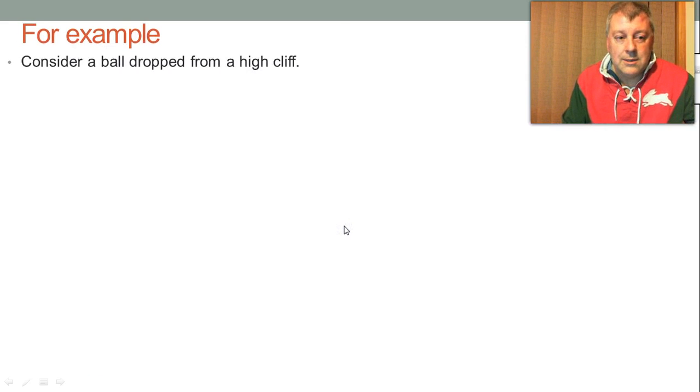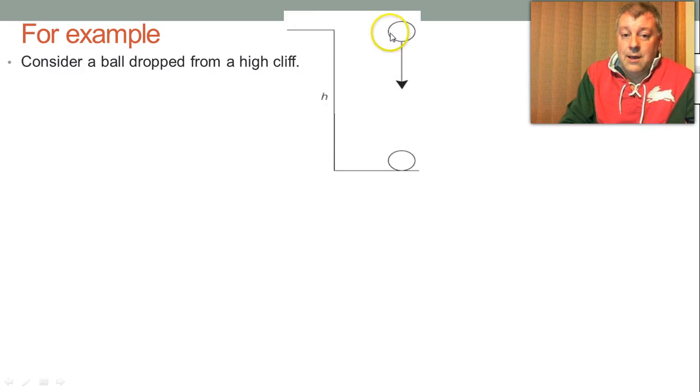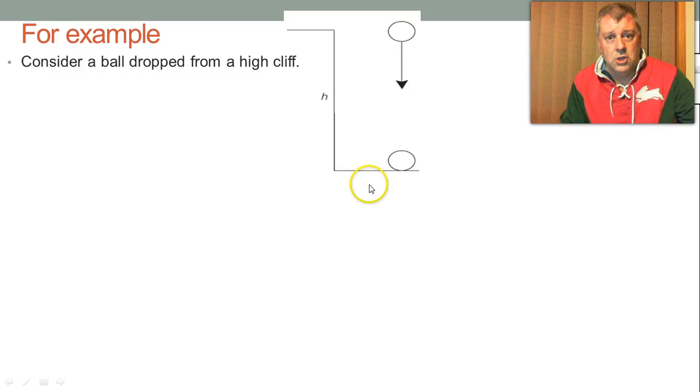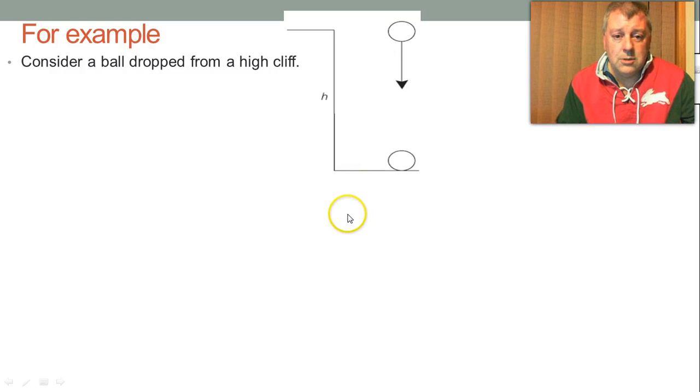Another example, let's consider a ball dropped from a high cliff. So here's a high cliff, seems to be a monster ball, but it's going from here to here, and we've done these sorts of questions in our motion questions, so we should be understanding what sort of changes in velocity are undergoing.